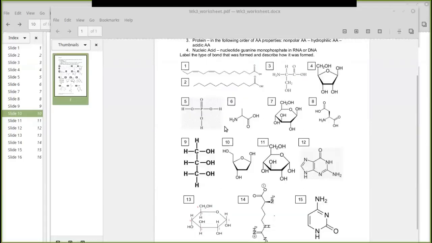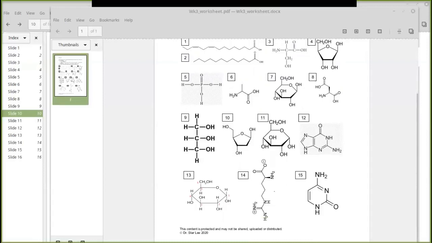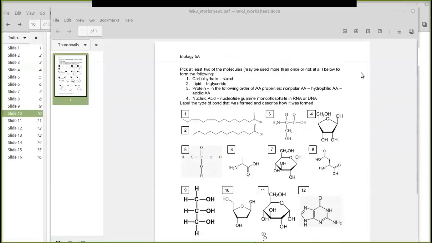What else would you need? You have your sugar backbone, right? What else would you need to form this guanine that they're talking about?